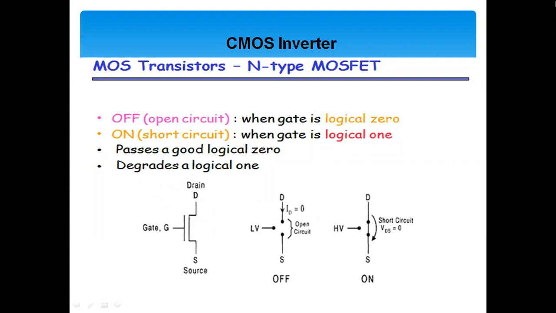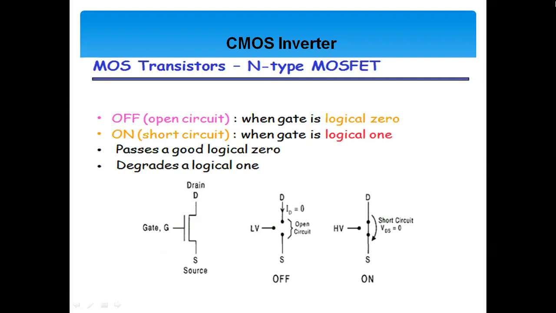Right? Now, for an NMOS transistor, called normally off, the gate is logically zero. And for a PMOS, called a normally on transistor, that means the gate is logical 1.